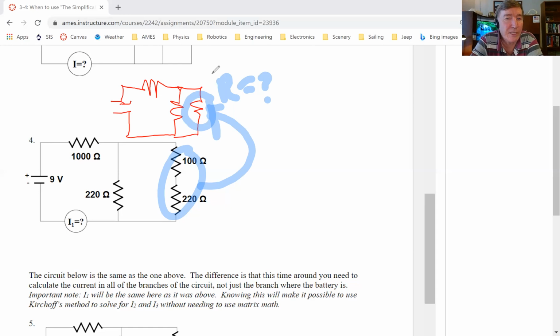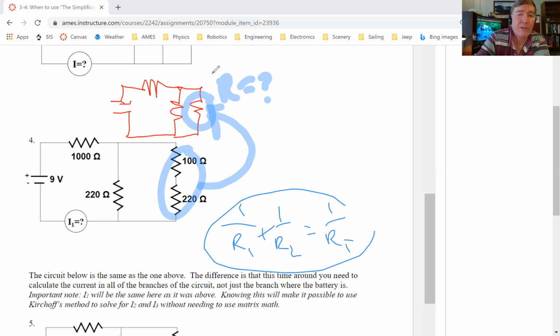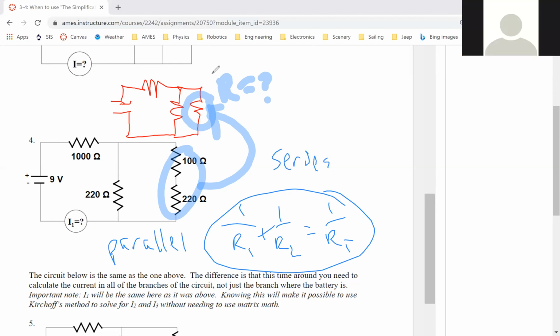These guys are hooked up in series, not in parallel. The formula 1 over R1 plus 1 over R2 equals 1 over R total applies if they're hooked up in parallel. But these guys are not parallel. These guys are in series. So what's the rule if they're hooked up in series?